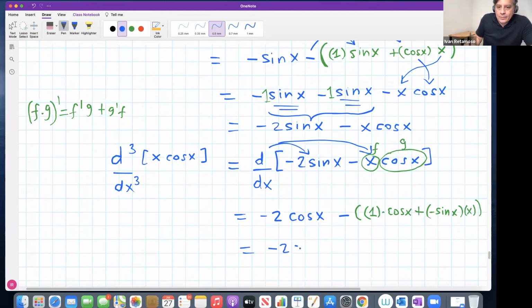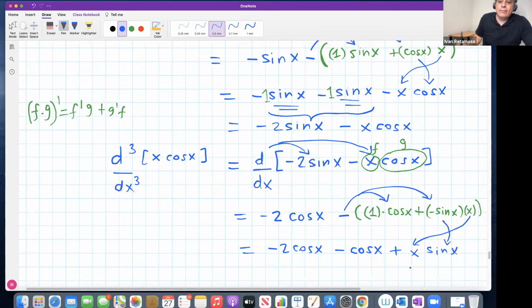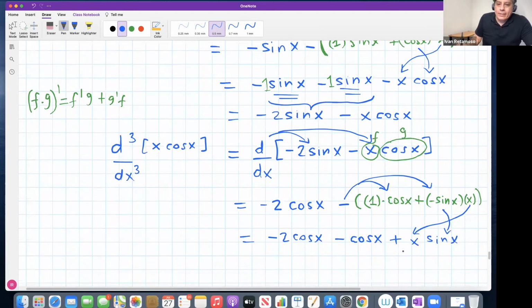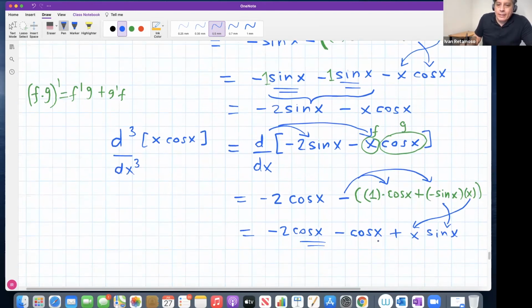Now, carefully get this done. Minus 2 cosine of x minus, when distributed here, will give you minus cosine of x, okay? And minus distributed here, minus, and minus here, plus. Let's write the simple function up front, x, the complicated one following, x sine of x, right? Good. Finally, combine these two like terms. There is an invisible one here, remember?